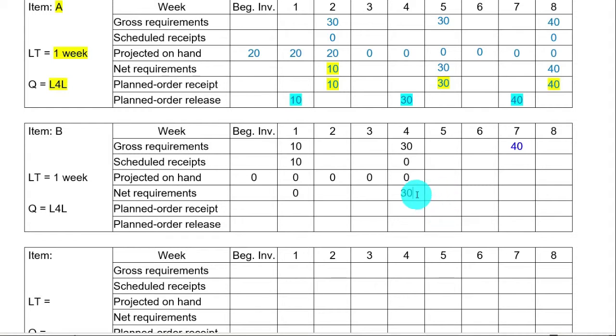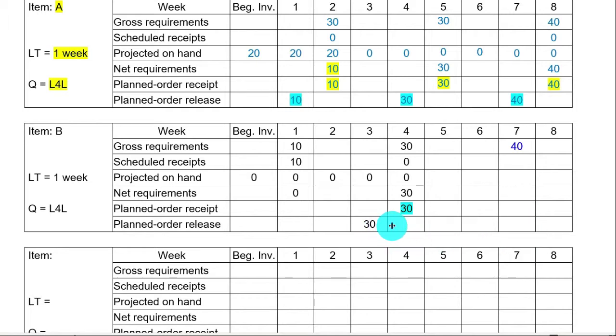Okay, so you want 30 to arrive just in time. So you plan to receive 30 in week 4. And since lead time is 1 week, you place an order right here in week 3.